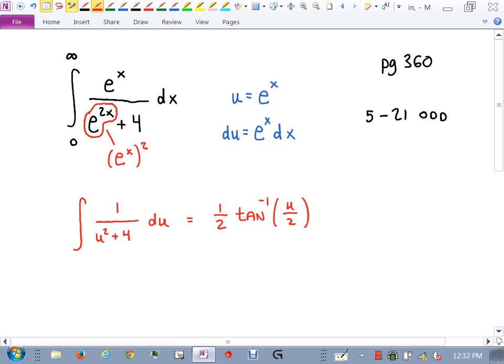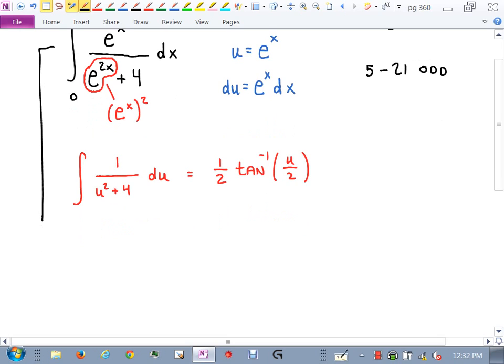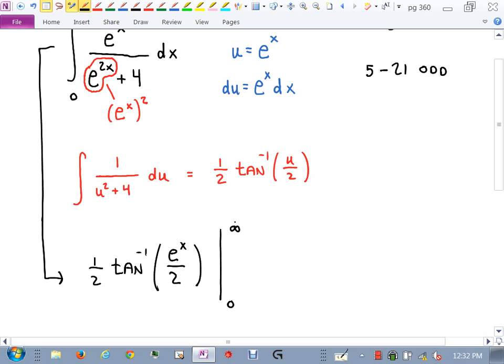What was u? e to the x, and then just go back to 0 and infinity, which is what I'm going to choose to do here. So watch, I'm going to say this is equal to 1/2 arctan of e to the x, that was u, over 2, evaluated from 0 to infinity.